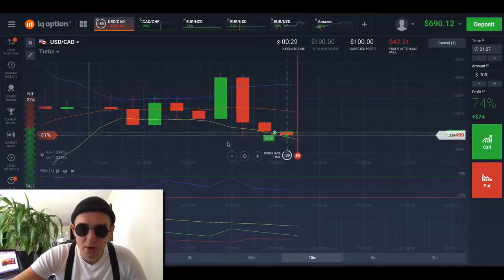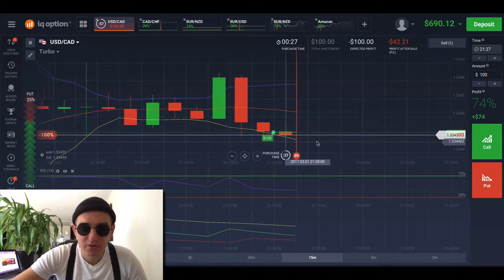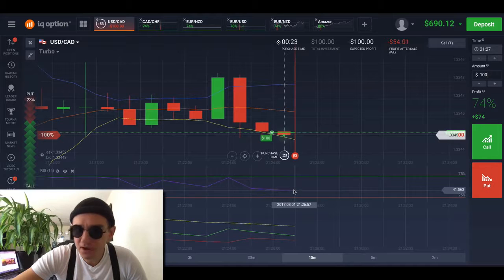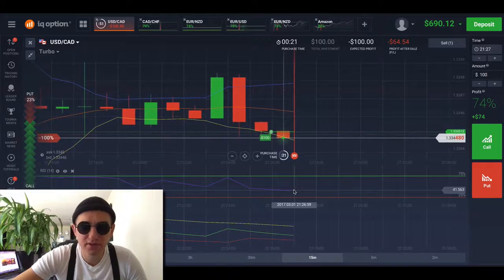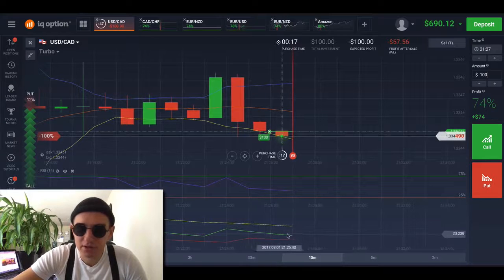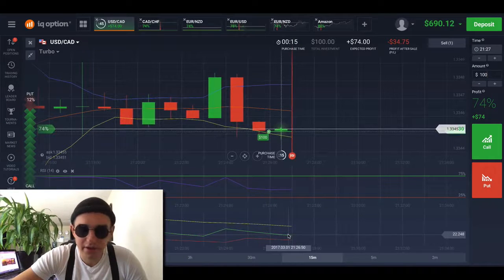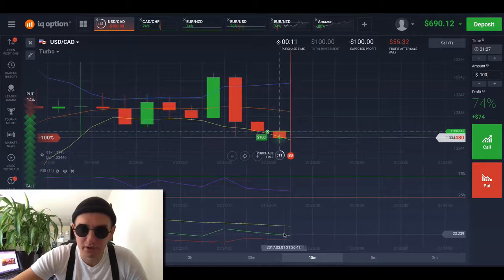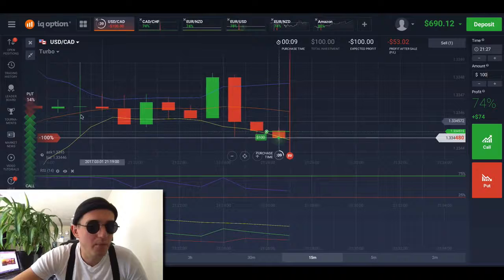So why I thought this was a good decision over here: because RSI didn't show us the oversold conditions, but on the ADX graph we can see that the market is trending upwards.